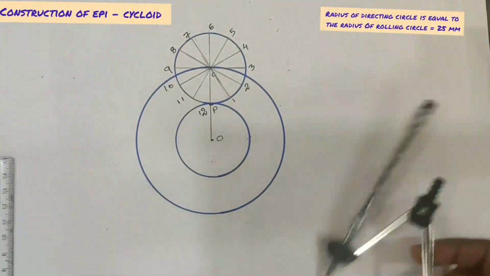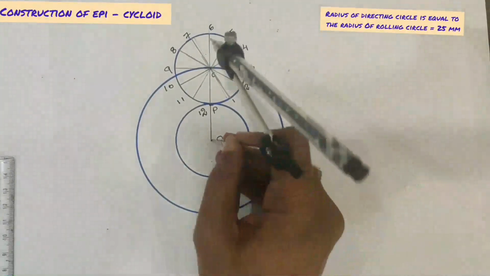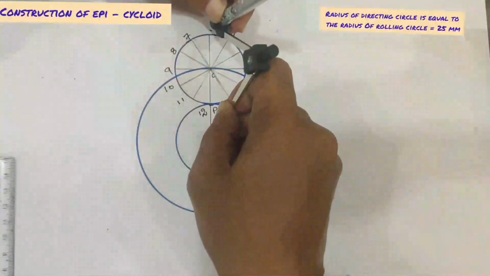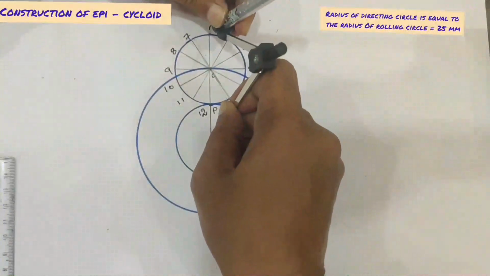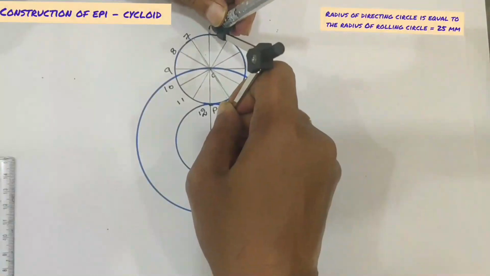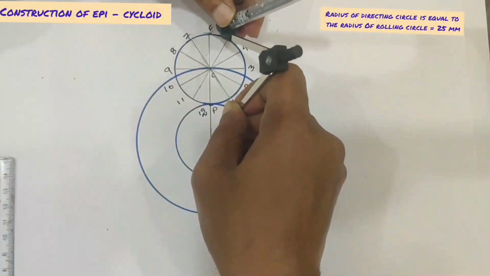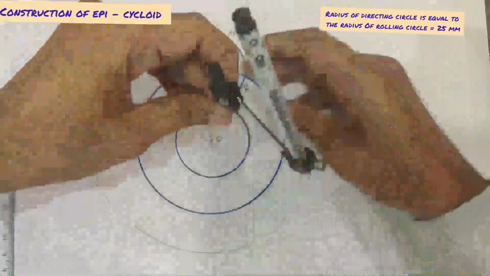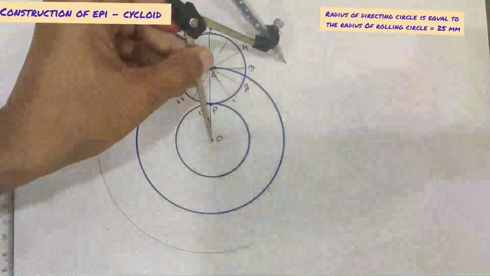Then O as a center, O6 as a radius. Draw circle parallel to the directing circle.